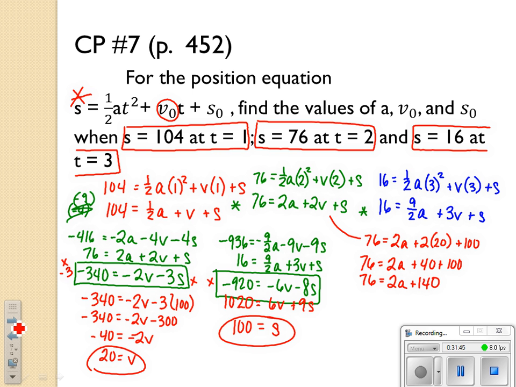Subtracting 140 from both sides, we're going to get negative 64 equals 2a. Dividing by 2, we get negative 32 for a. So here's the three values that we were coming up with.